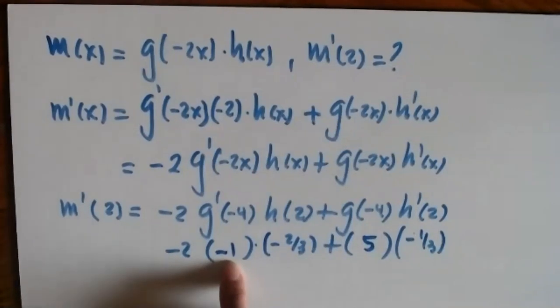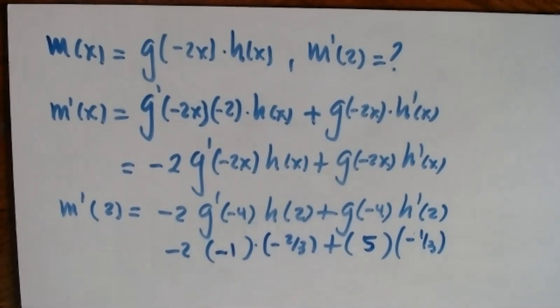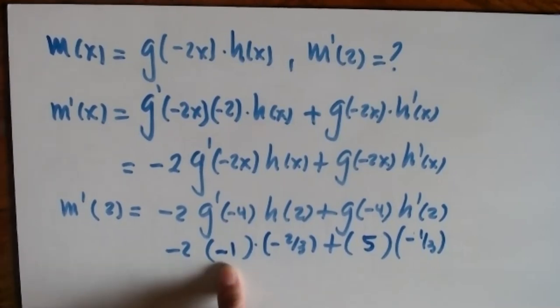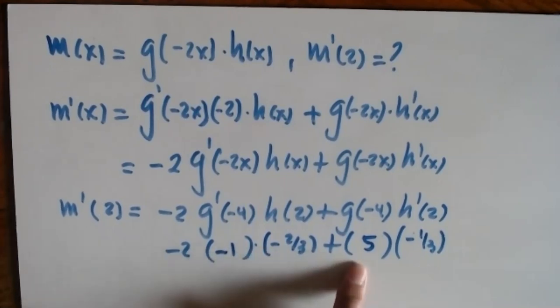This is, let me just put this one right here. So let me just look for the problem here. Yep. Here, g prime of negative 4 is negative 1, and g of negative 4 is 5.